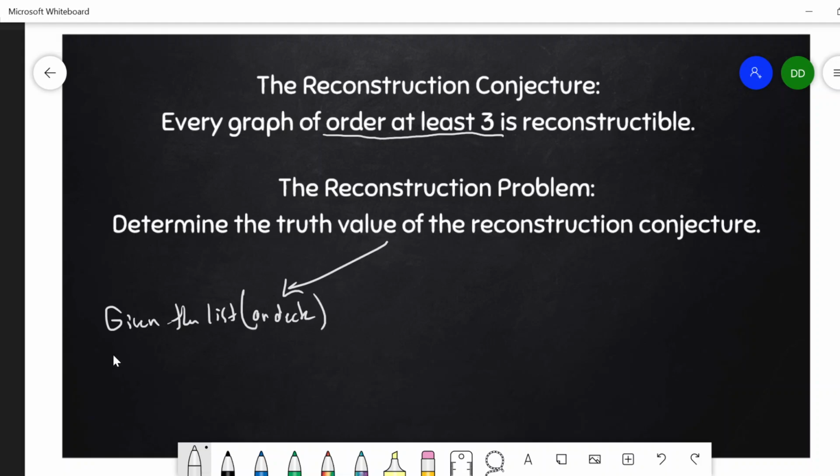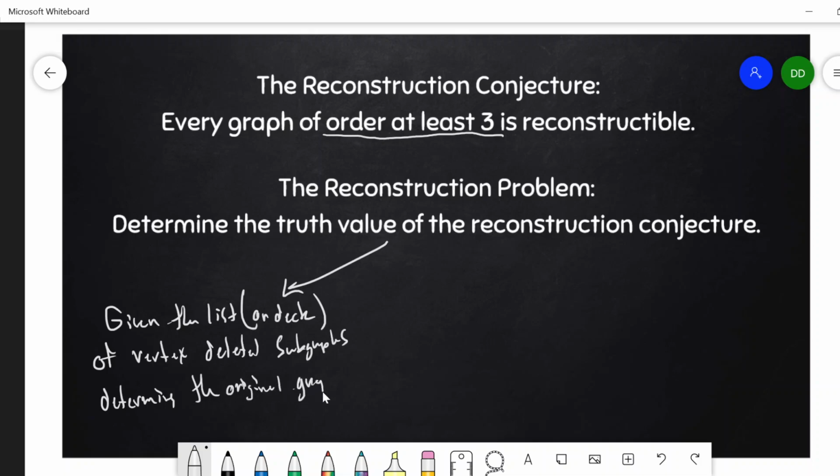So given the list or deck of vertex deleted subgraphs, we want to be able to determine the original graph G, like we did before. So I want you to be able to do this for certain decks, certain lists of vertex deleted subgraphs.